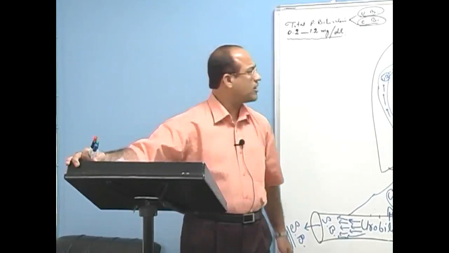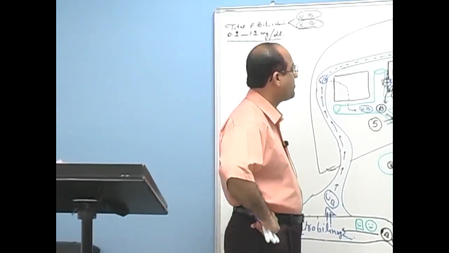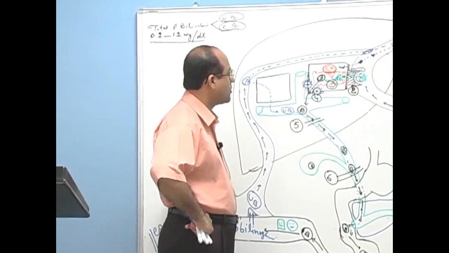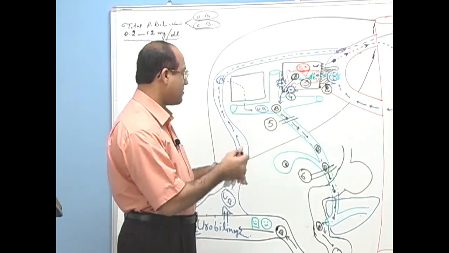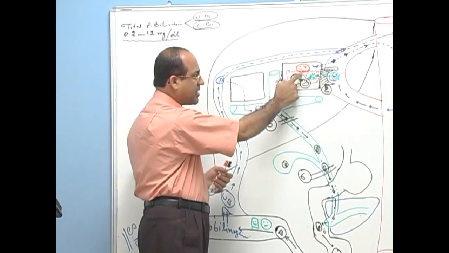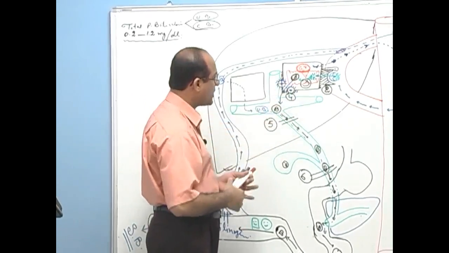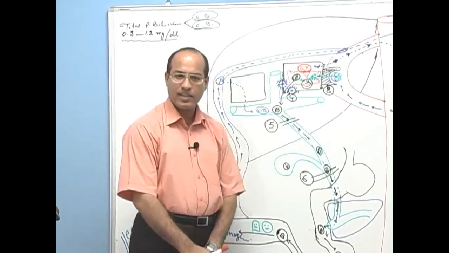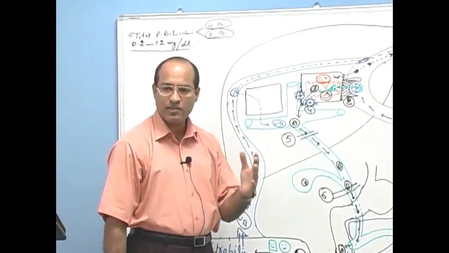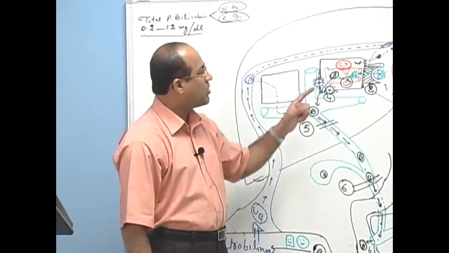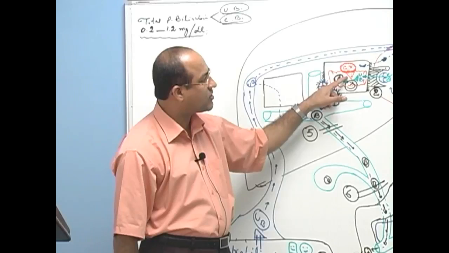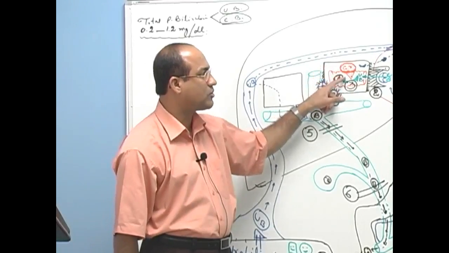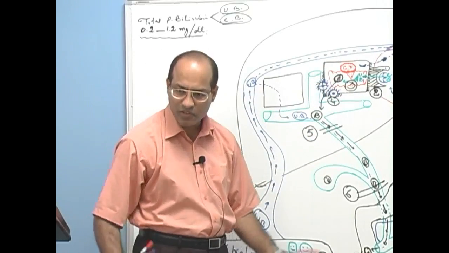Then we come to some more causes. There are some syndromes. Now we are entering into the valley of syndromes. This is which enzyme? Please name it. Glucuronyl transferase. Of course, this is a protein, so proteins are synthesized by the expression of genes. Now, if we do something wrong with the genes concerned with the synthesis of this enzyme, it is quite possible that synthesis of this enzyme becomes impaired.